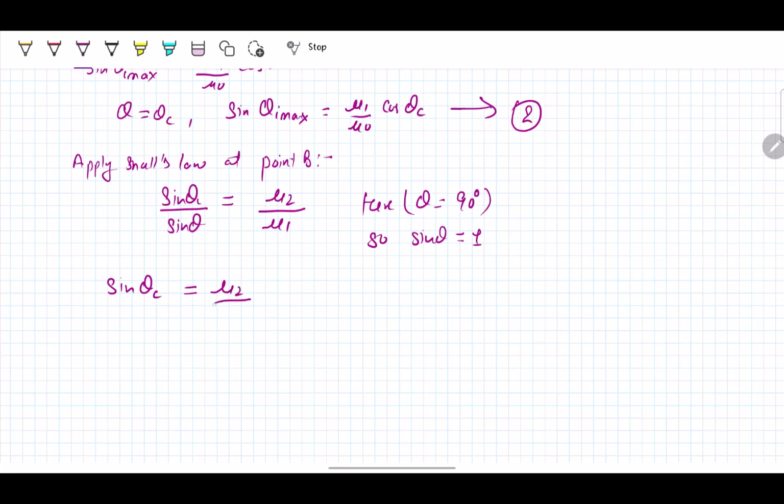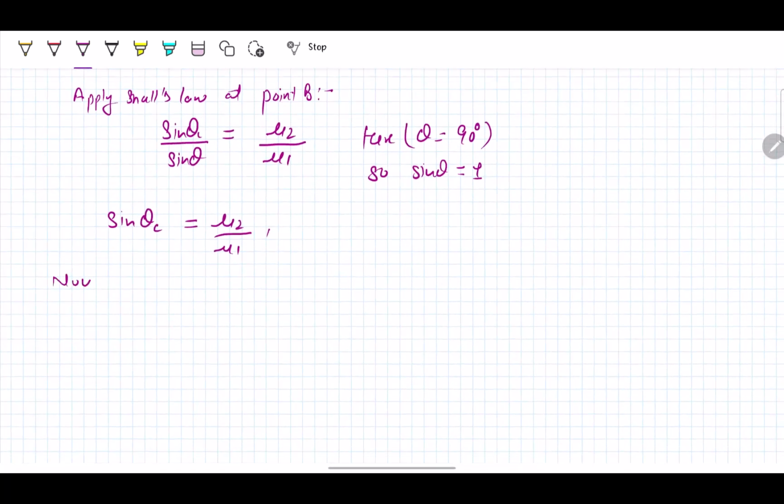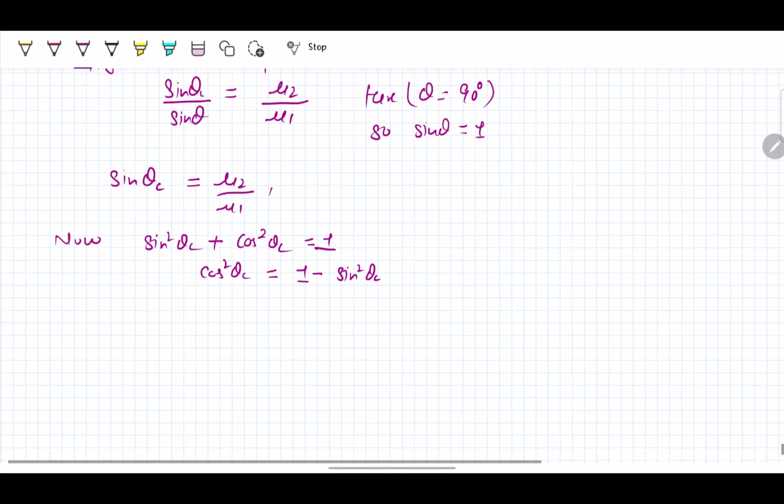is equal to mu2 over mu1. Now use the property sine square theta c plus cos square theta c is equal to 1, so cos square theta c is equal to 1 minus sine square theta c, right?